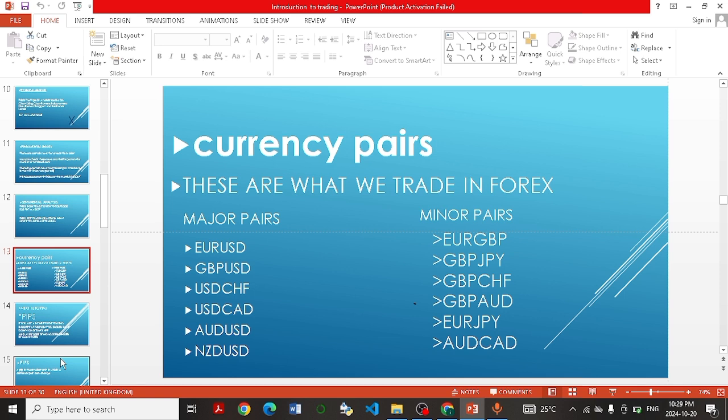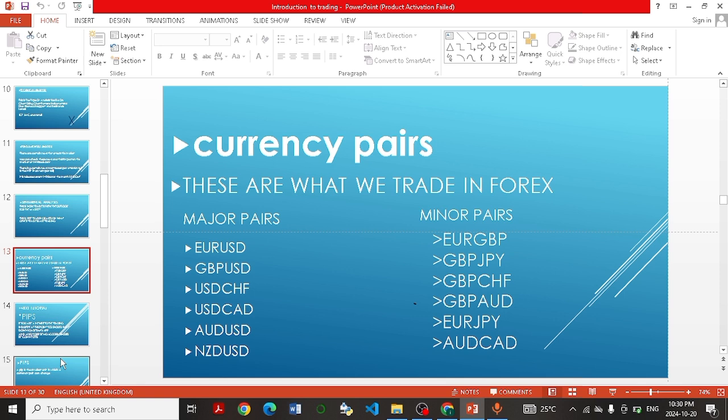So major currency pairs, we have the EUR USD, that's the Euro against the US dollar. We have the GBP USD, that's the Great British Pound against the US dollar. We have USD CHF, that's the USD against the Swiss franc. We have USD CAD, that's USD against the Canadian dollar.